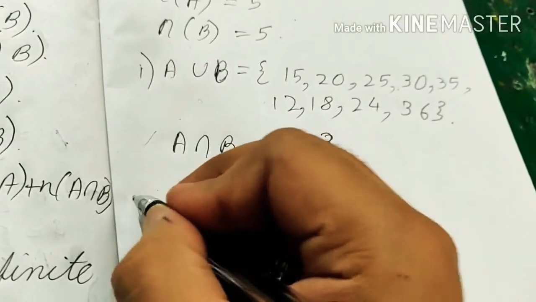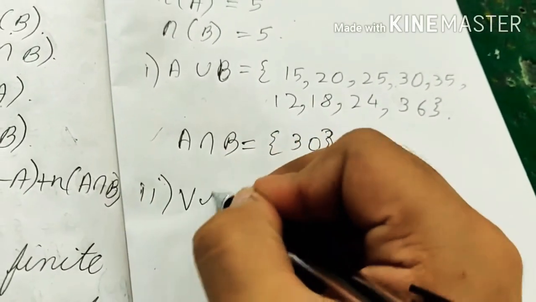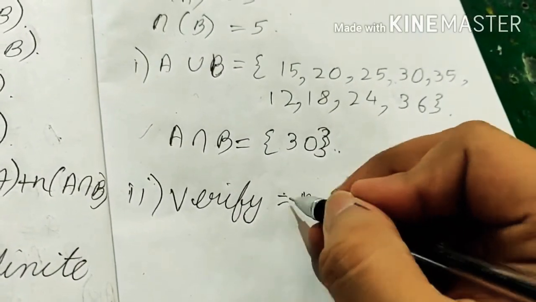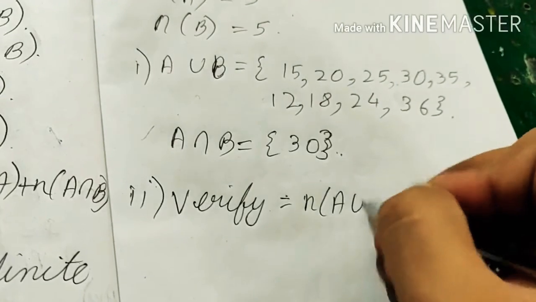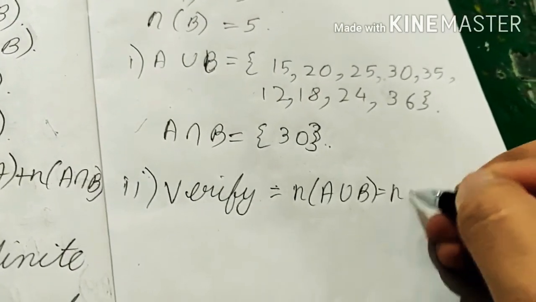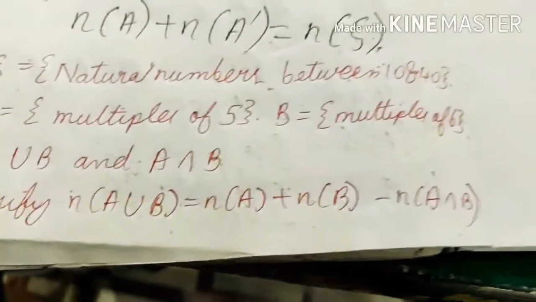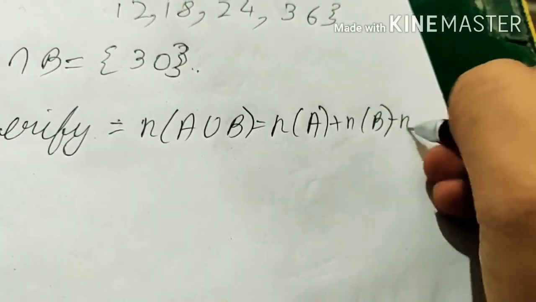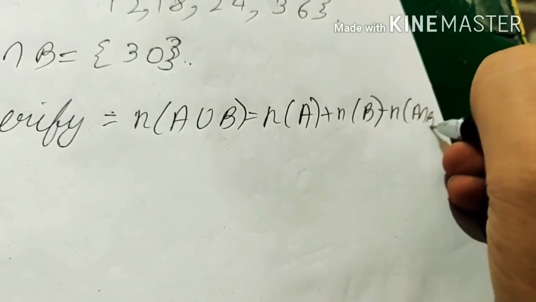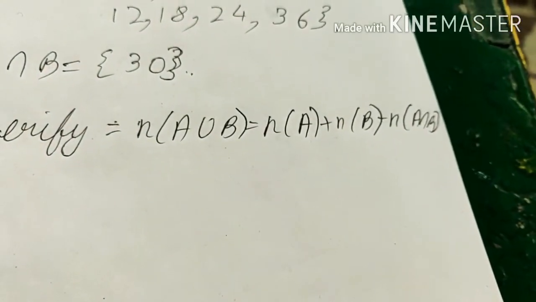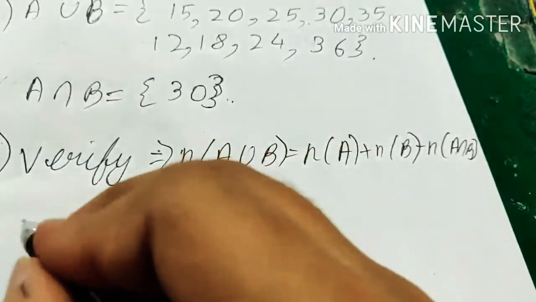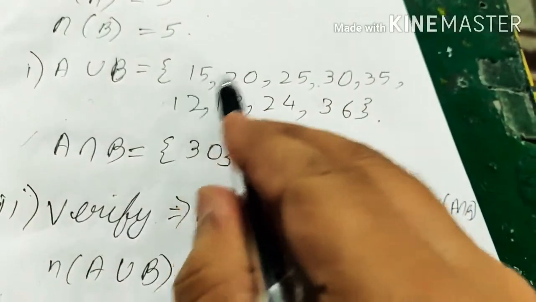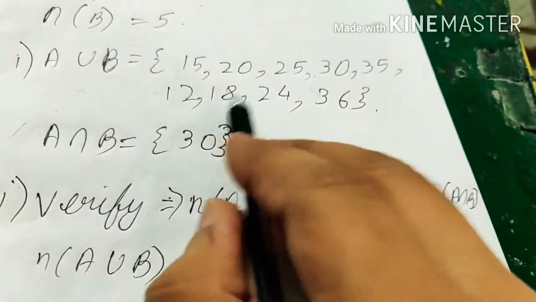Okay, so our second part here is to verify that n of A union B is equal to n of A plus n of B minus n of A intersection B. Here, n of A union B was 1, 2, 3, 4, 5, 6, 7, 8, 9.